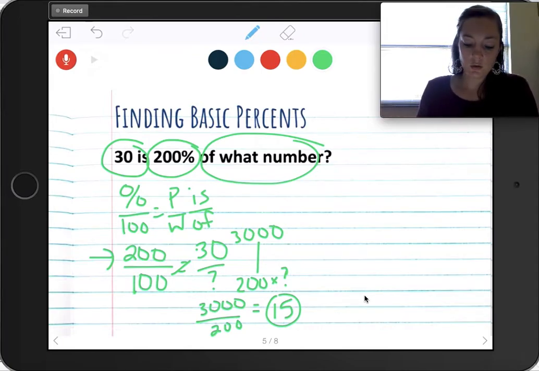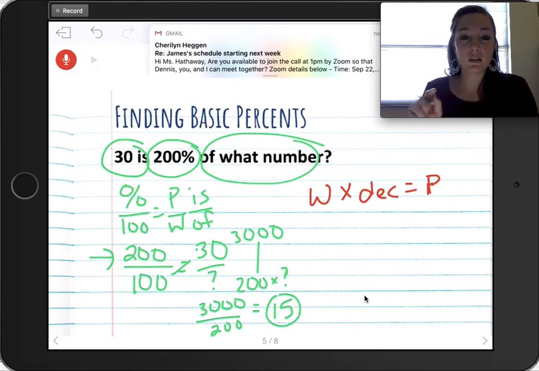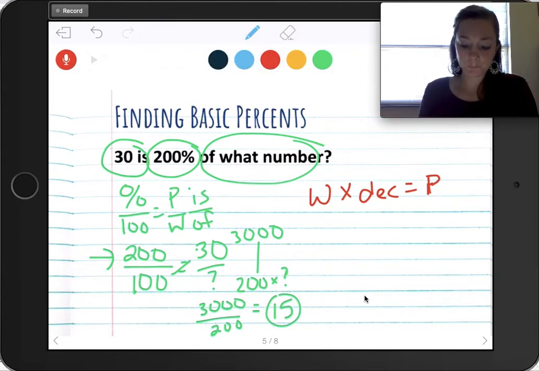Or we can do the alternate method. The whole times the decimal is equal to the part. But we have to be sure that we put everything in the right place. So our whole we don't know. So I'm going to say blank times, and I need to make that 200% a decimal.